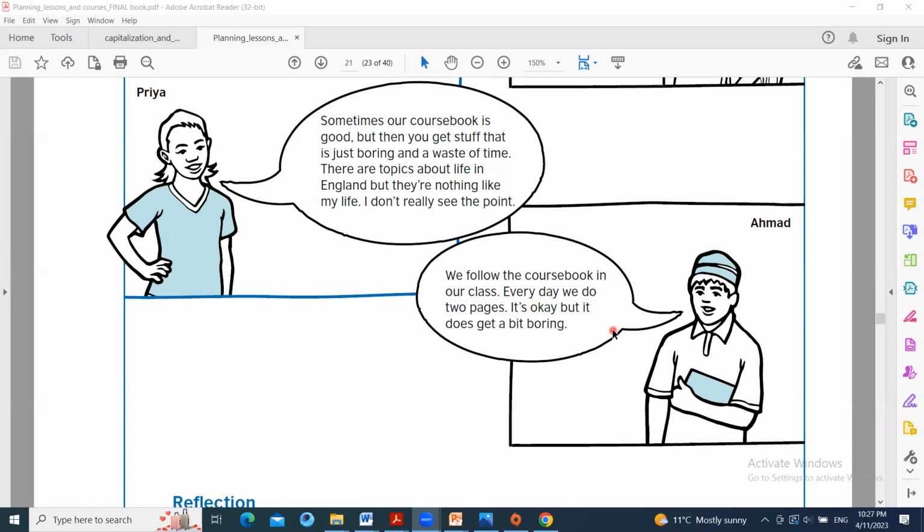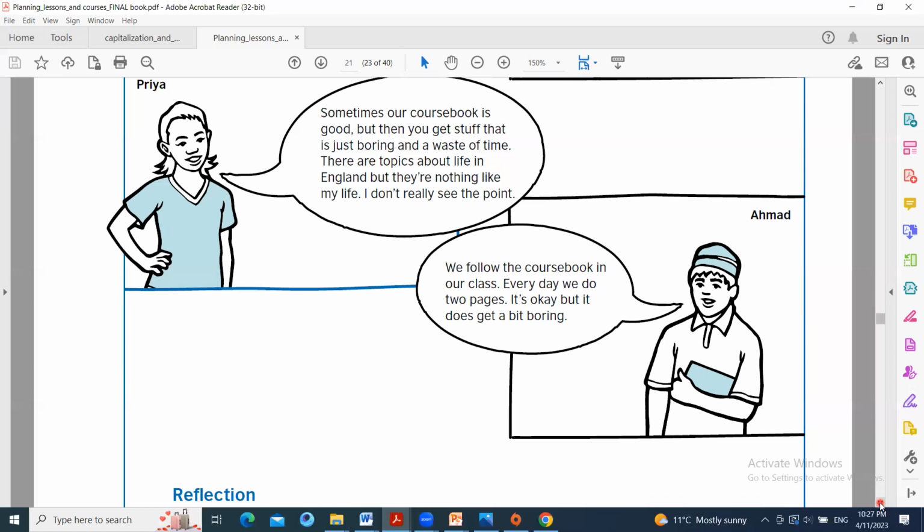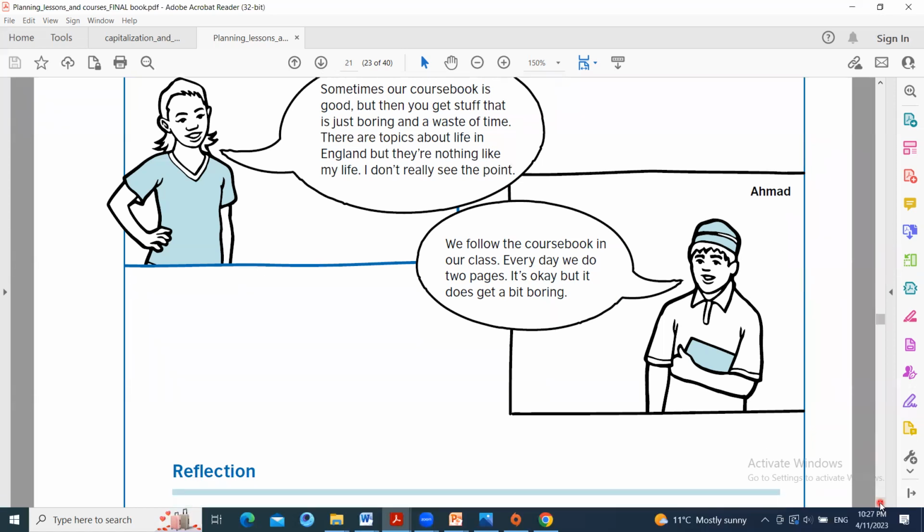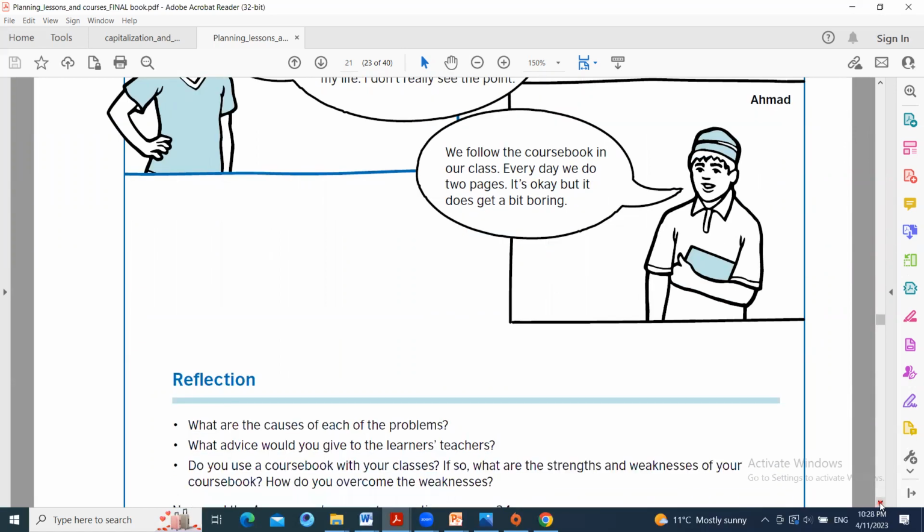So all of these can be helpful advice. It can make students interested in the lesson.